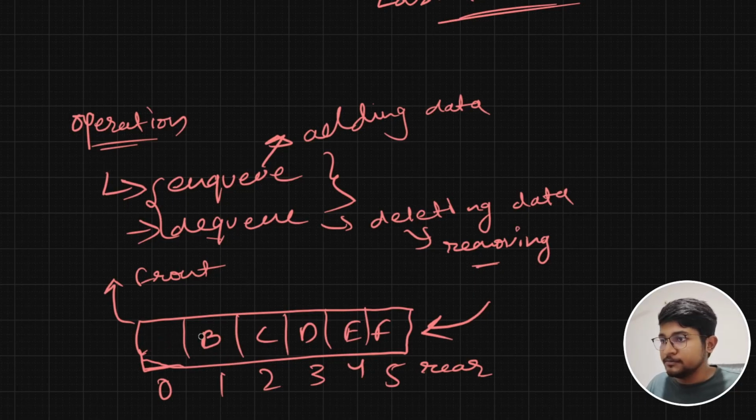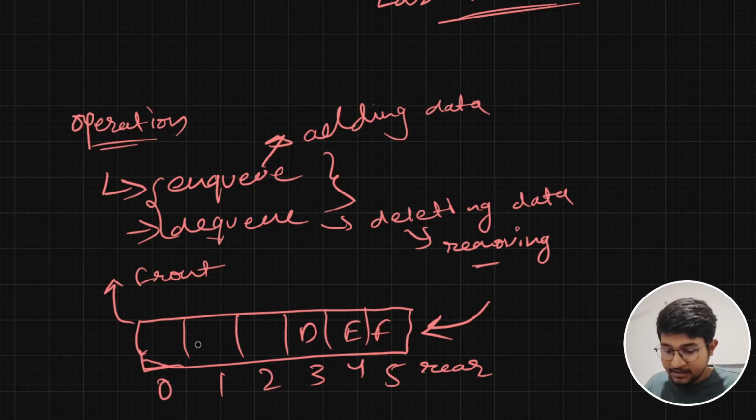Now I'll do dequeue here. Now we have space, but the queue will say it is not empty and we cannot enter here. So that was the problem.